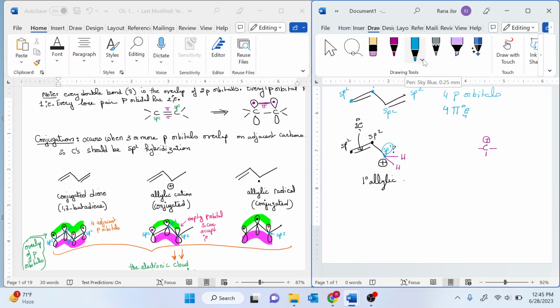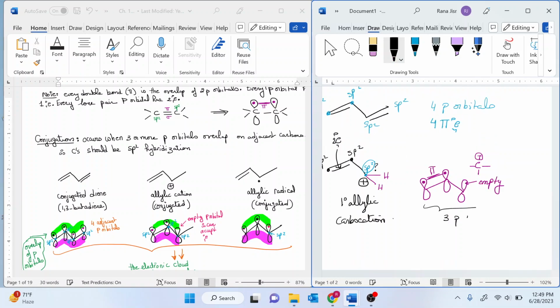It doesn't have electrons. So if I draw the p orbitals for this structure, then it's going to look like that. I'm going to have a p orbital on this carbon that has 1 electron and a p orbital on this carbon that has 1 electron. These overlap with each other and make a pi bond, which is basically the double bond. And then on this carbon, I have 1 p orbital, and that p orbital is going to be empty, because it is a positive charge.